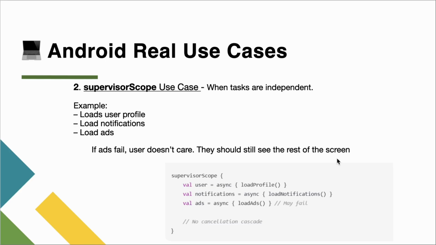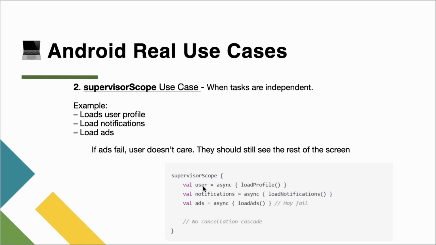For example, on my main UI, I want to load 3 different things: the user profile, the notifications, and the ads. All 3 are independent of each other. Even if any one of them fails, I still want the rest of the other things to be loaded in the same fashion. So that is the place where you should use the supervisor scope.